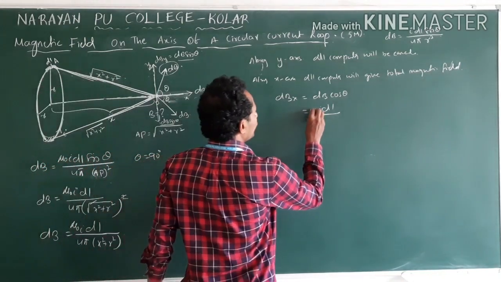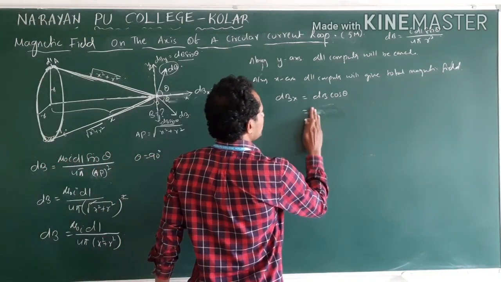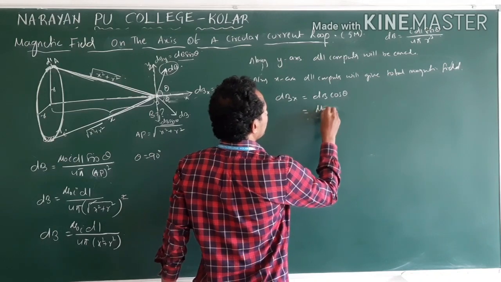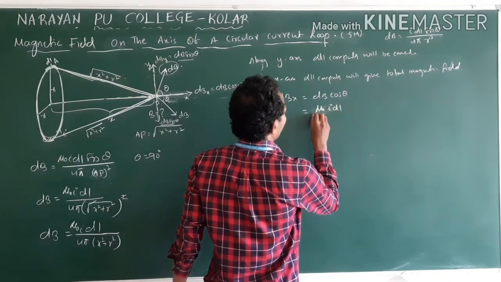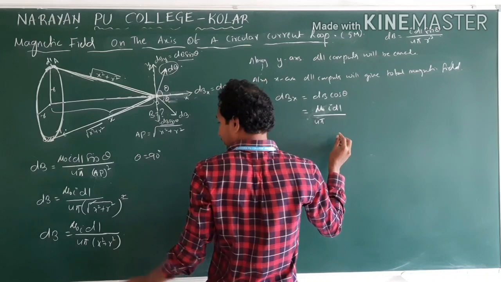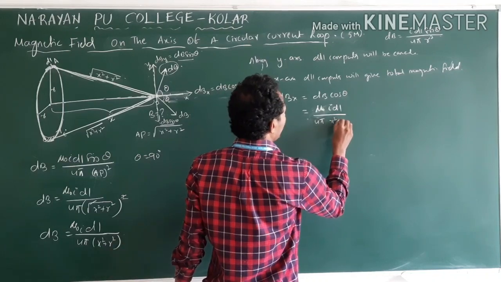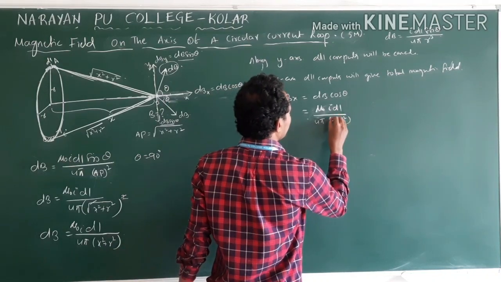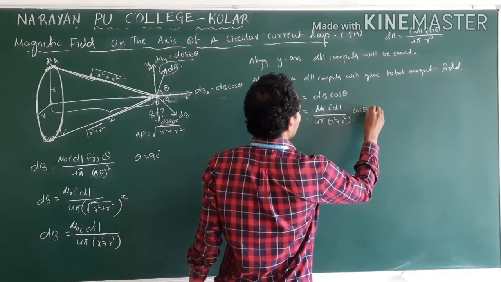So this is mu naught I dl by 4 pi, times 1 over x square plus r square, into cos theta.